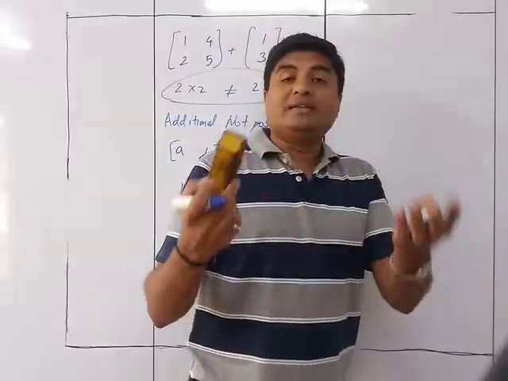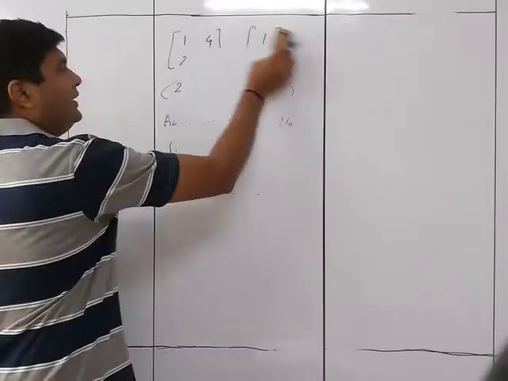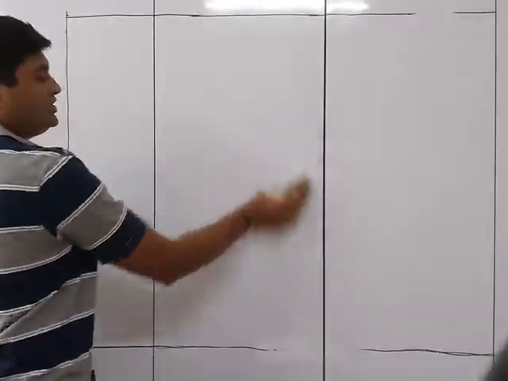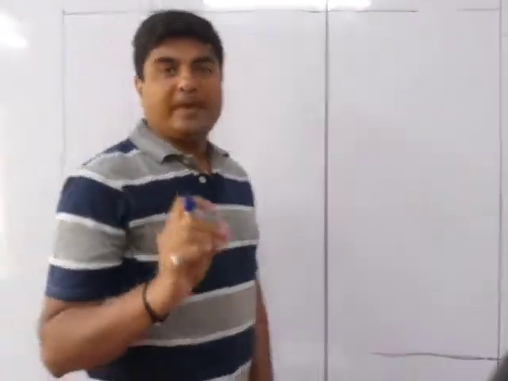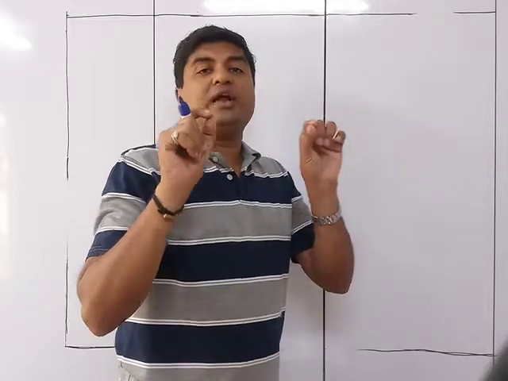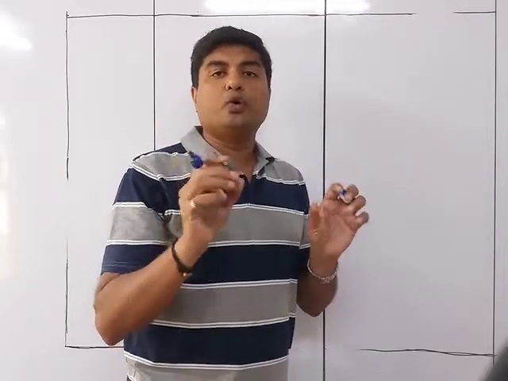Now if the order is the same, then what to do? Very simple. If the order is the same, you just do that operation of addition or subtraction on each and every individual element corresponding to both matrices.